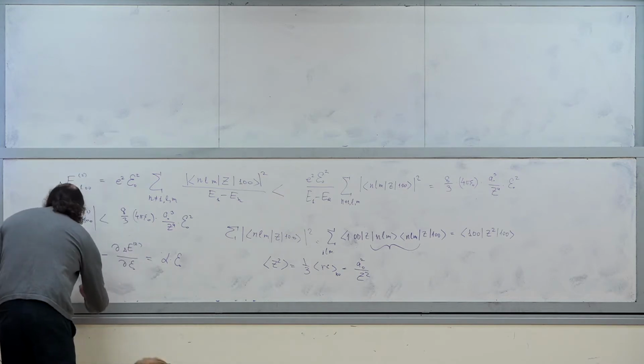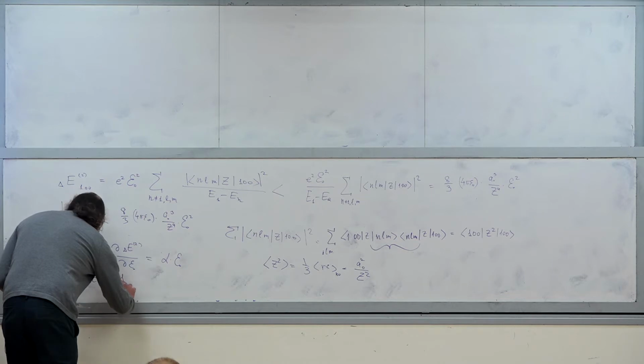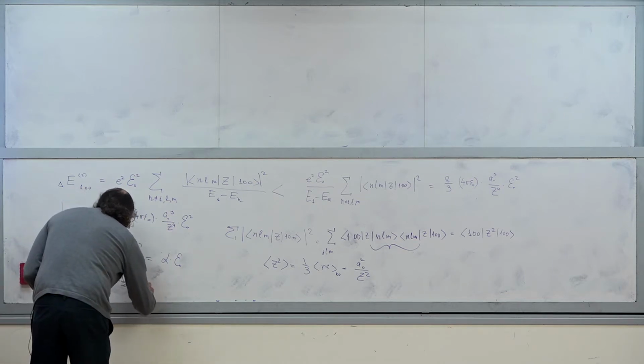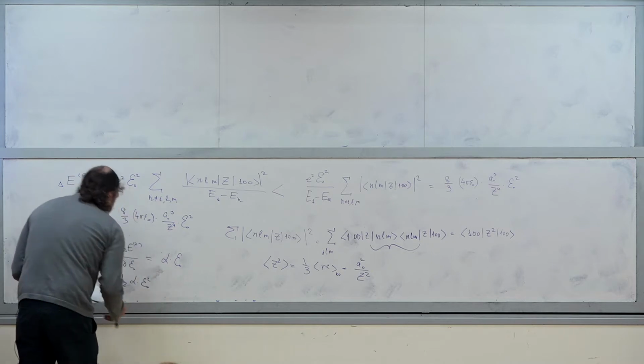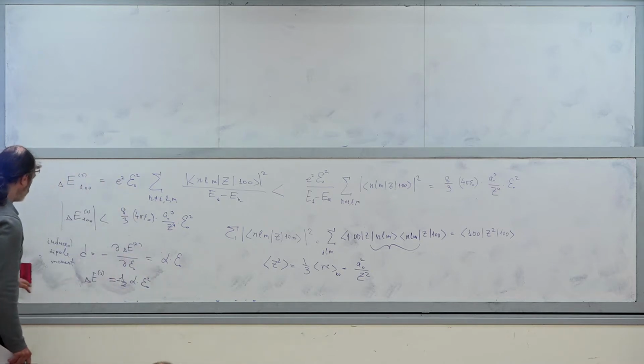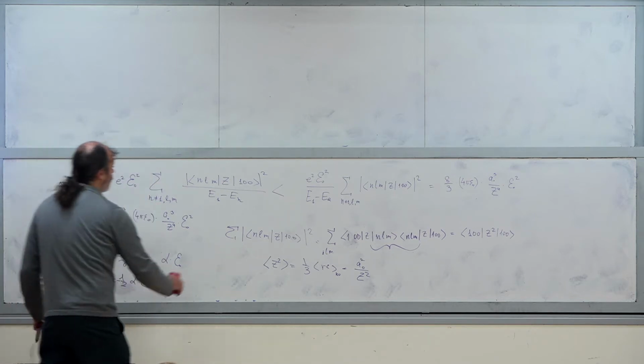So I can say that this delta E of the second order perturbation is actually equal to minus 1/2 times the induced dipole multiplied by E0 squared. Now from here we can say what this induced dipole is.